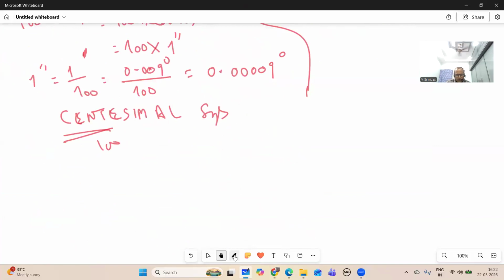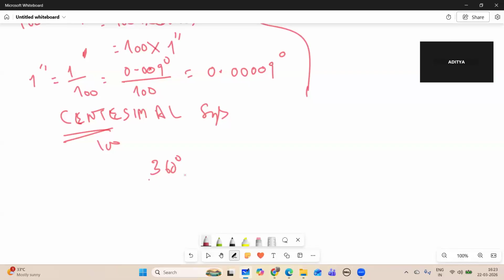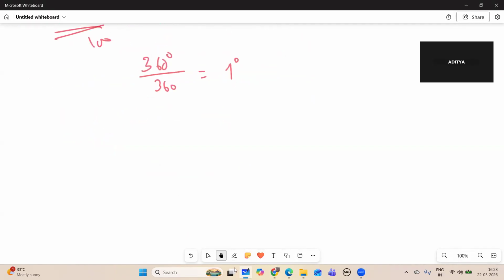What we are doing is taking 360 degrees and subdividing it into 360 parts to get 1 degree. This 1 degree is further subdivided into 60 equal parts to get 1 minute, and this is further subdivided into 60 parts to get seconds.